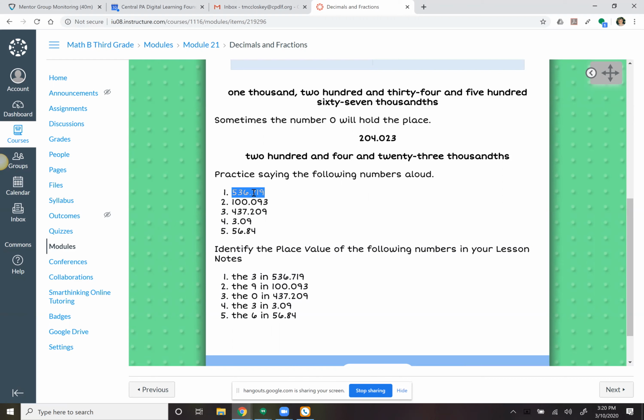So it is 7's the tenths, 1 is the hundredths, 9 is the thousandths. So we always end with the 1 on the end. So the end number is 9 thousandths. So we say 536 and 719 thousandths.